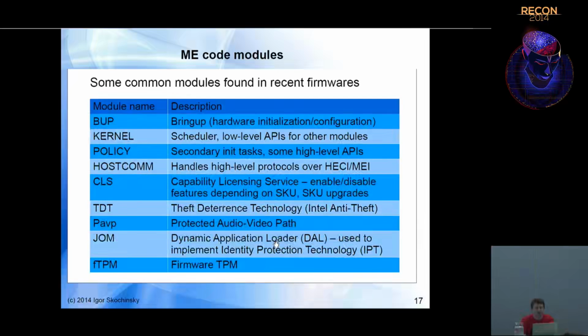It implements the dynamic application loader. I will talk about it later. And in later chips, in latest versions, they also moved the TPM functionality into ME, and they have the FTPM module which implements the firmware TPM. So now you don't have to use a separate chip for your TPM, but you can use the one that is built in ME.